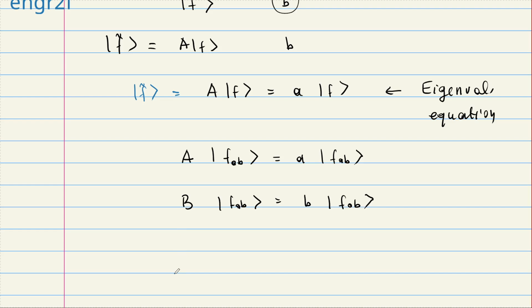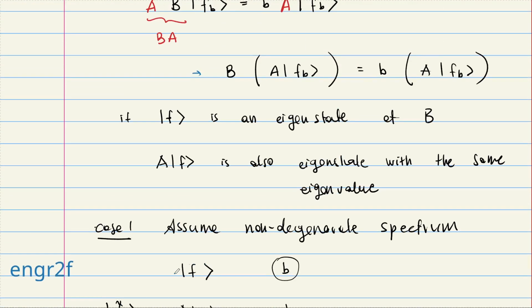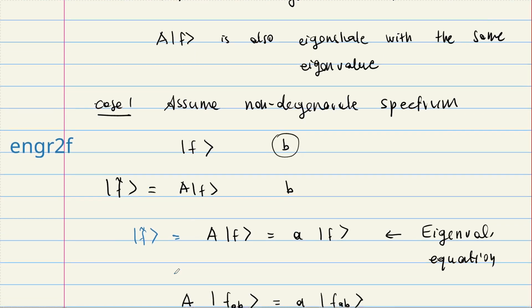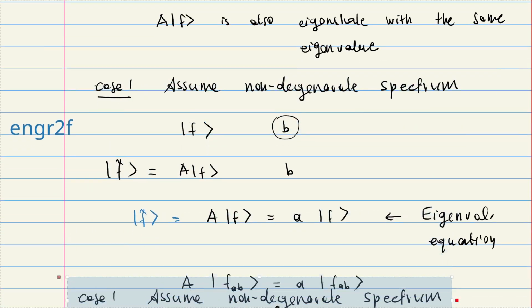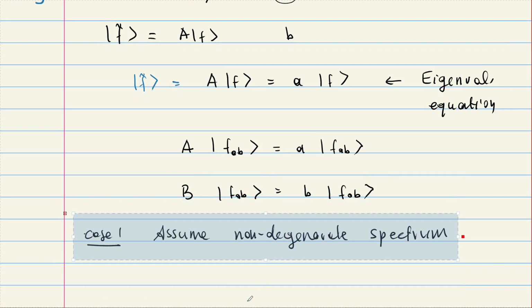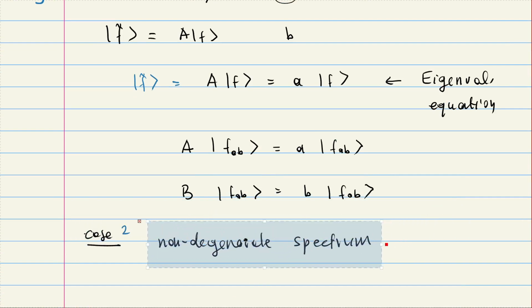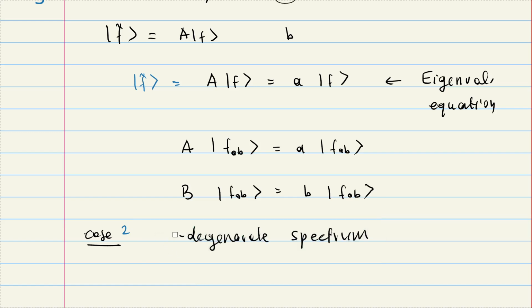Now comes the tricky one and the most difficult one, but I think if you got this, the next piece is just a technicality. So this case 1 was assuming no degenerate spectrum. Case 2, suppose we have a degenerate spectrum, and let me note, this is the hardest thing we will do today.